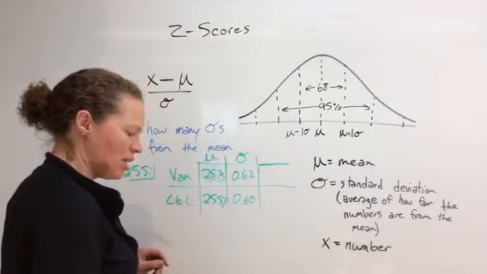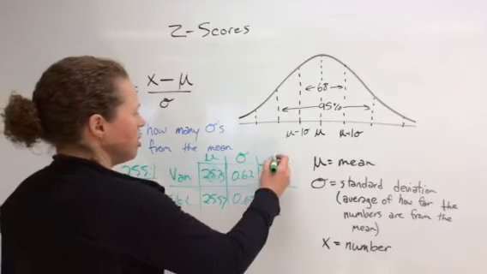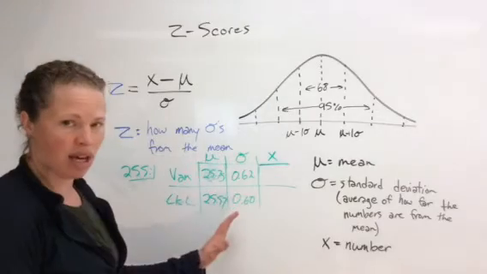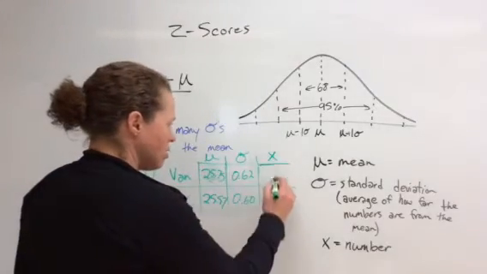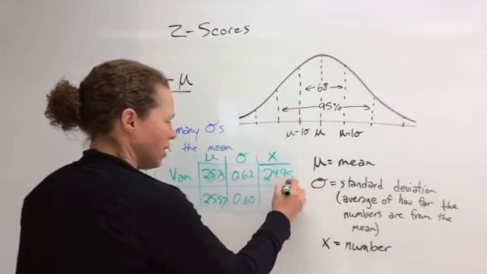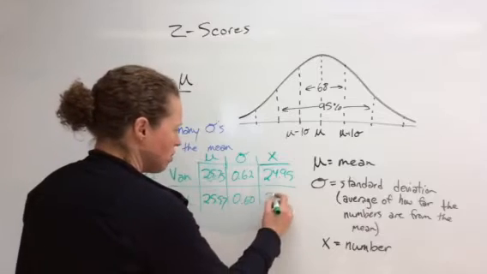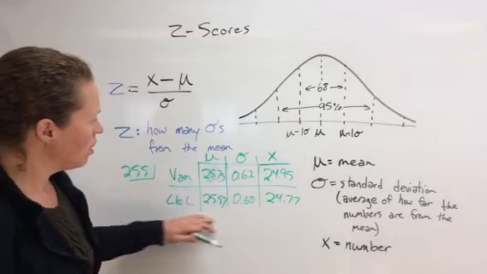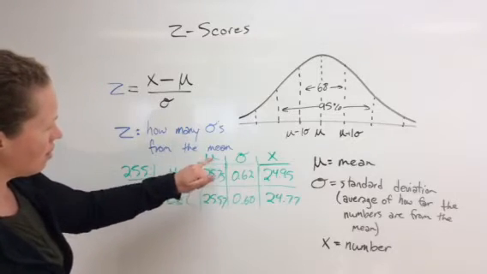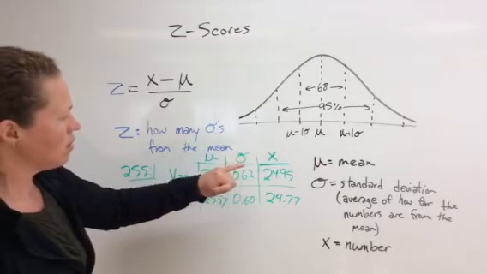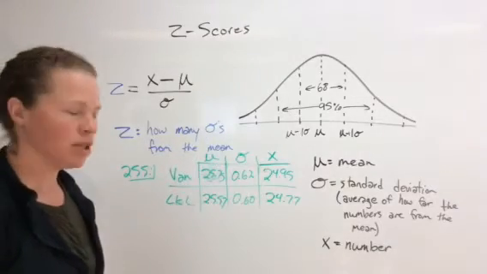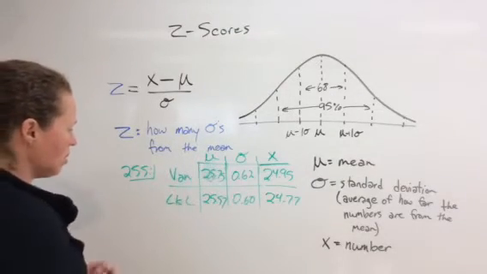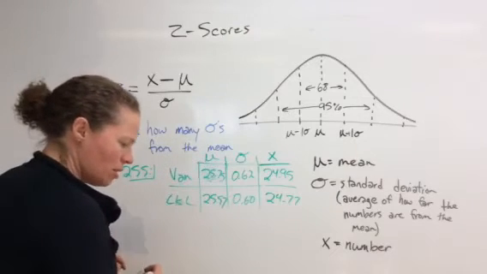Now Haley's run time, that would be X, right? Her specific run time is 24.95 here and 24.77 here. So now we have two different sets of mean, standard deviation, and the actual number, so we can work out which one she did a better job of.